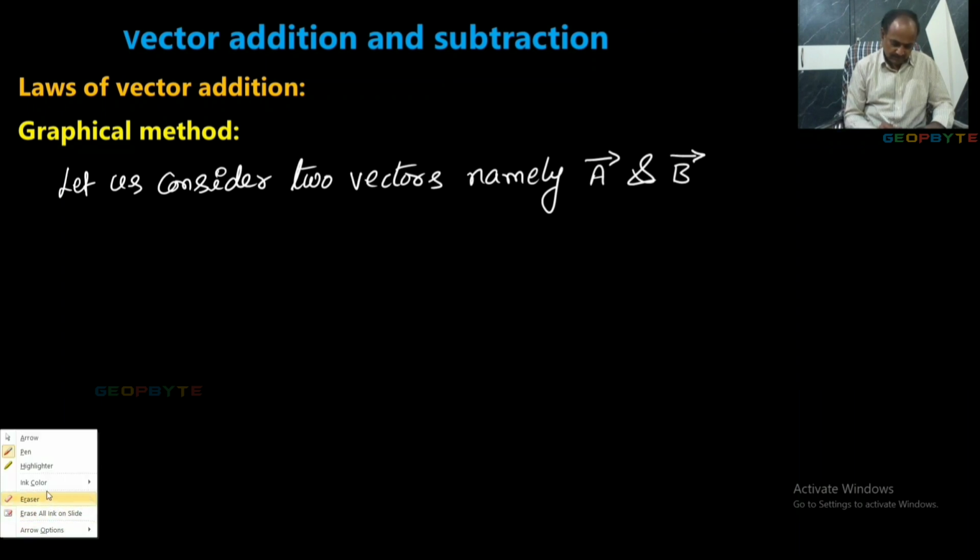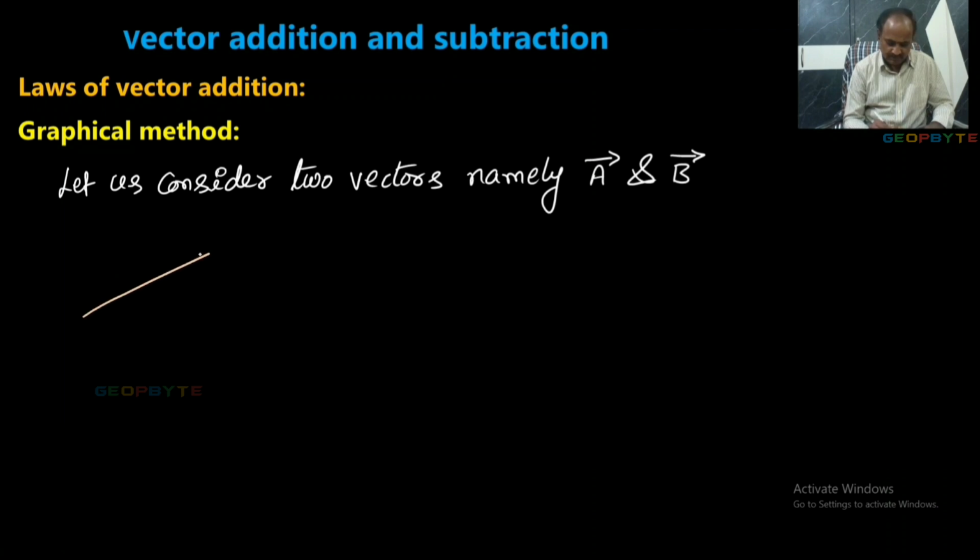Let the vector A be in this particular direction, and the vector B along the horizontal direction.